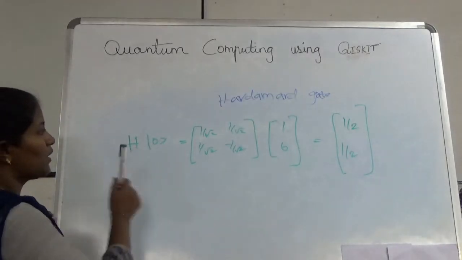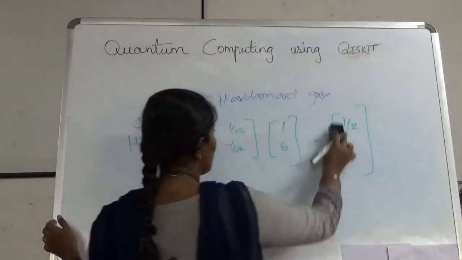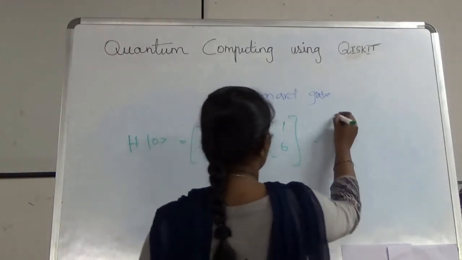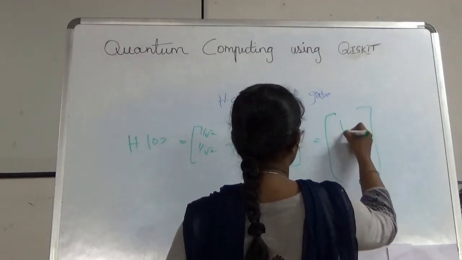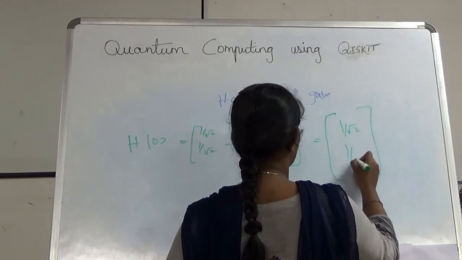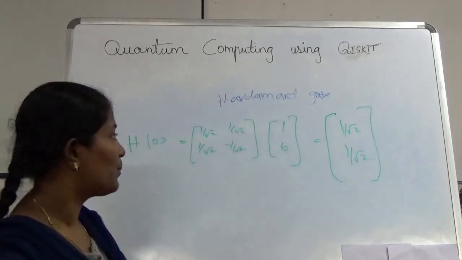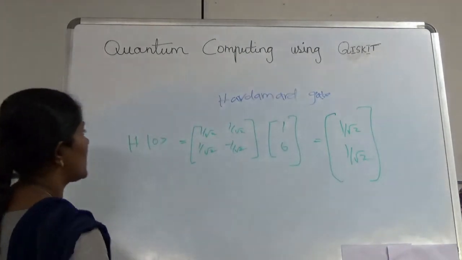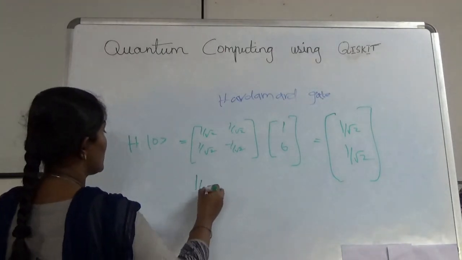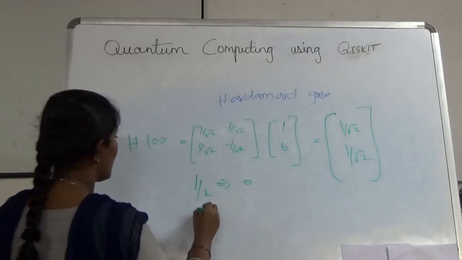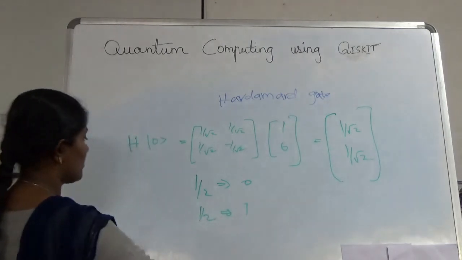If we apply the Hadamard gate to 0, the result will be 1 by root 2, 1 by root 2, which means there is only a half chance for 0 and a half chance for 1.